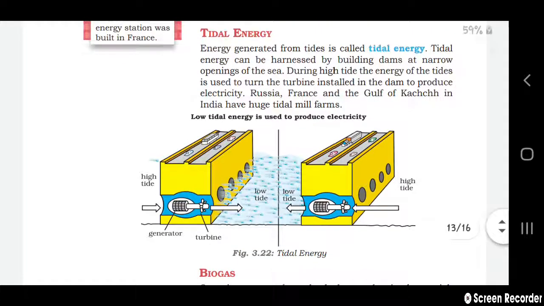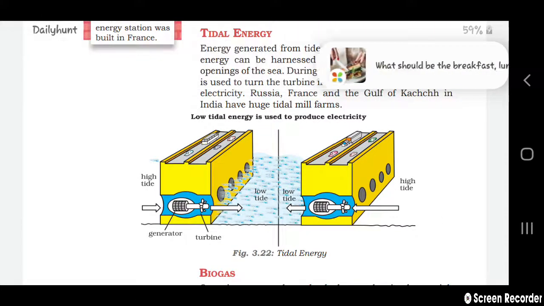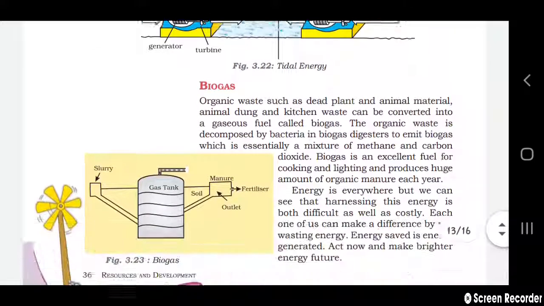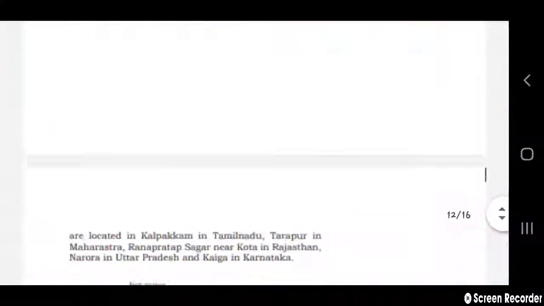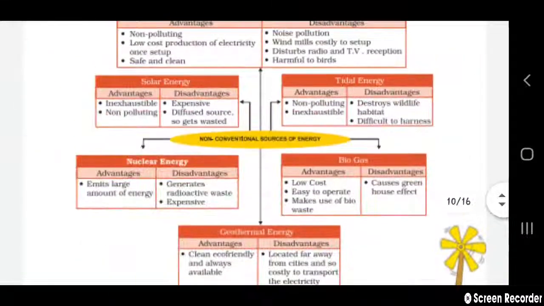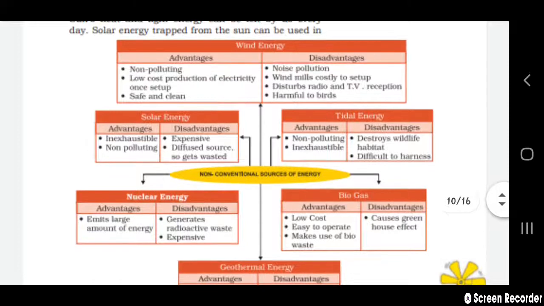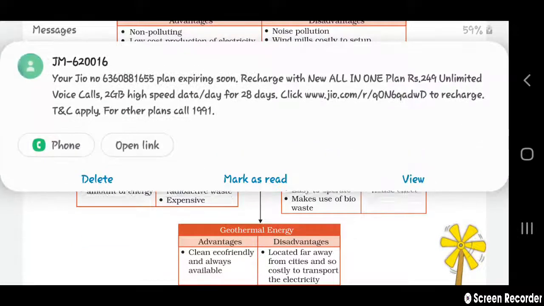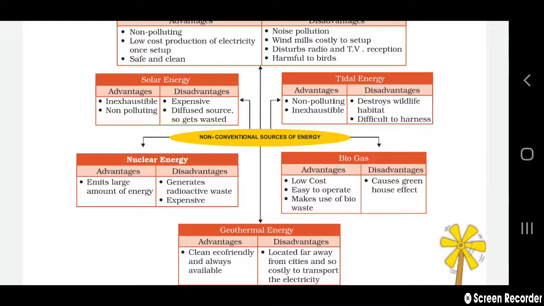Here you can see that when very high tides come inside, they rotate the turbine, produce electricity, and it is sent to the places where it is needed. But tidal energy also has advantages and disadvantages. The advantage is that it is non-polluting and inexhaustible.